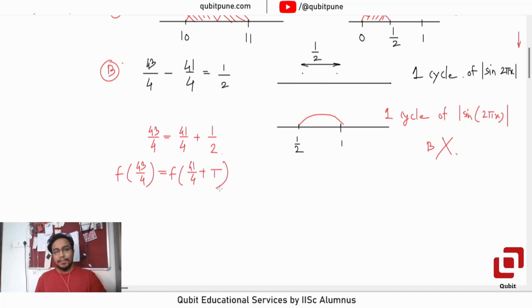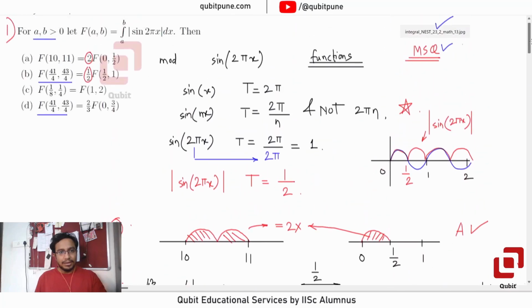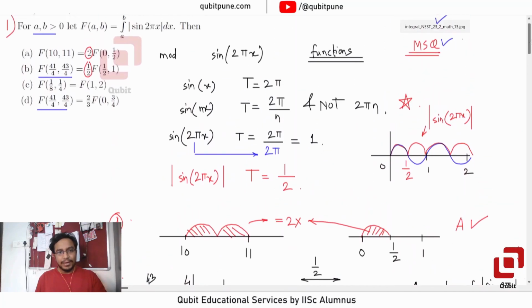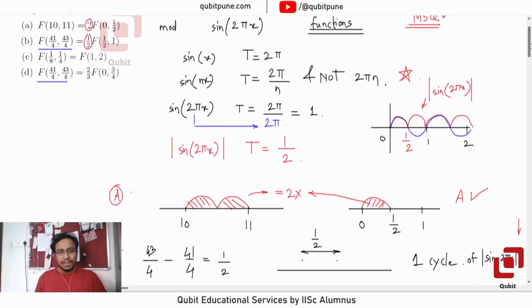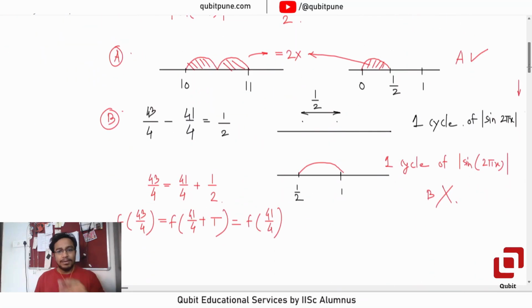Do you agree? So that will eventually be f of 41 by 4. So that covers 1 cycle. If you want, we can substitute x as 41 by 4 to actually find out what that is.